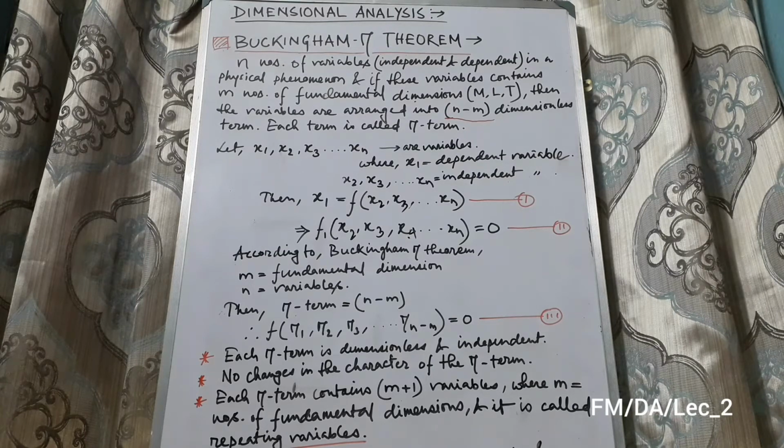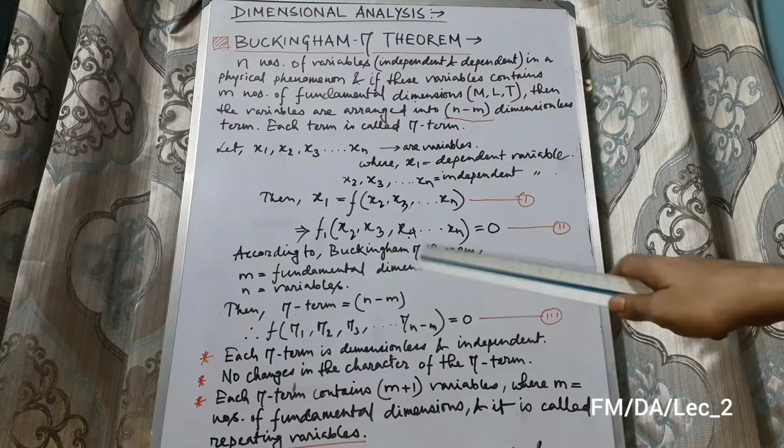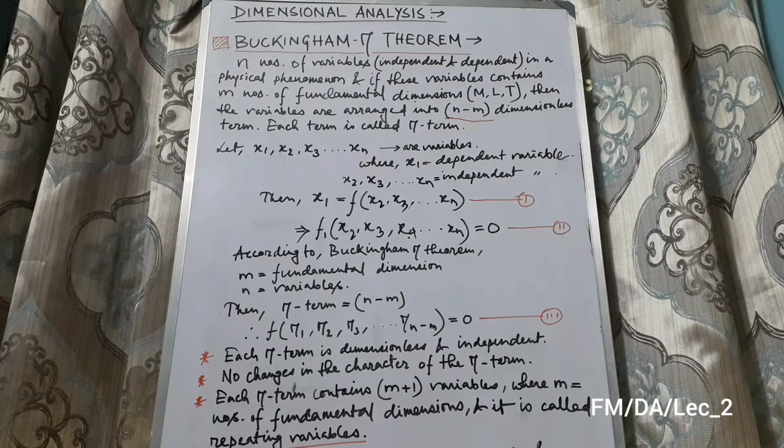Then in pi terms we can write n minus m. So if we represent n minus m as pi terms, then we can write f is a function of pi 1, pi 2, pi 3, up to pi n minus m. This is equation number 3.